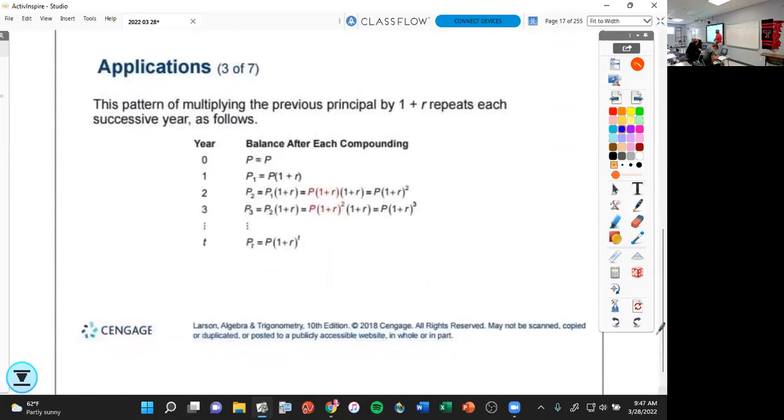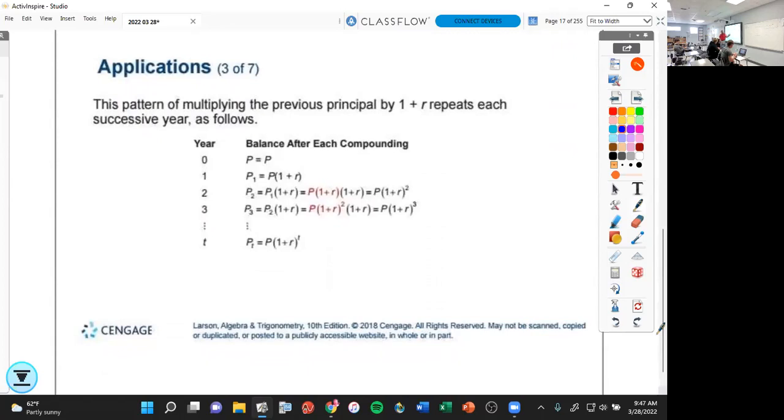If we moved on, we're going to just keep doing this process. So at year 0, that's how much you start with. P0 is equal to P. That makes sense. P1 is going to be P times 1 plus r. I just showed you where that came from.